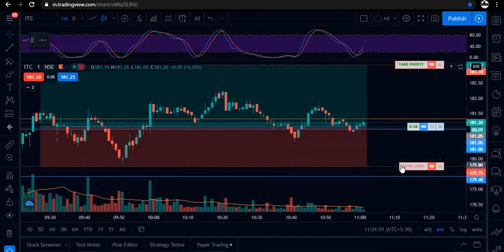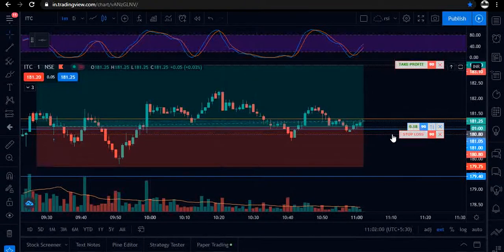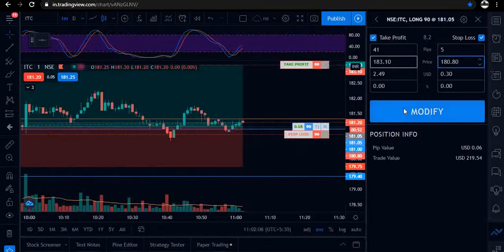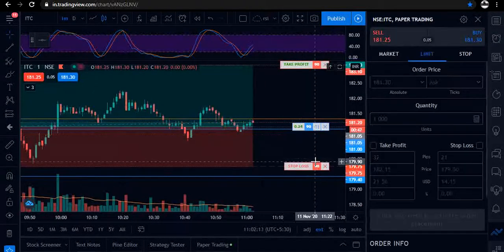So traders, now I am trailing my stop loss till here. So modifying it.